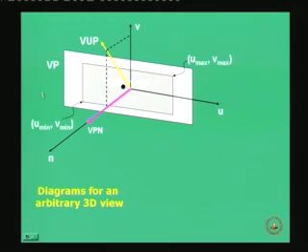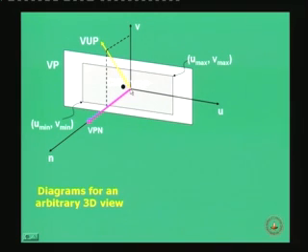The term VP means the view plane, VUP means the view up vector, which is given by this yellow line or arrow representing the view up vector. CW is the center of the window or the viewport, which is defined by the coordinates u min, v min to a maximum u max, v max respectively. This light blue color outside is the view plane.